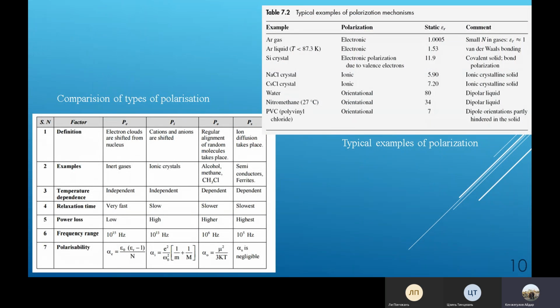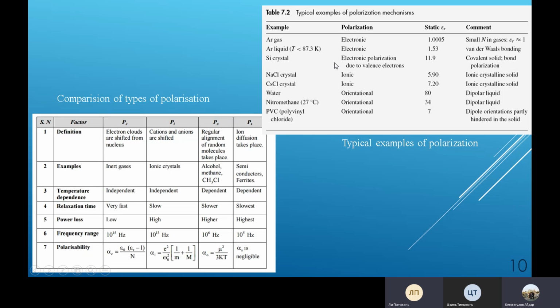This table shows a comparison of polarization types and typical examples, showing the definition, examples, temperature dependence, reaction time, power loss, frequency range, and polarizability. These are electronic polarization, ionic polarization, orientation polarization, and space charge polarization.